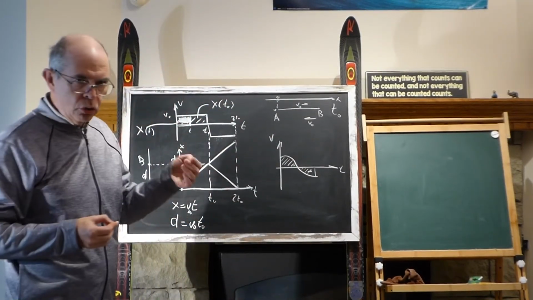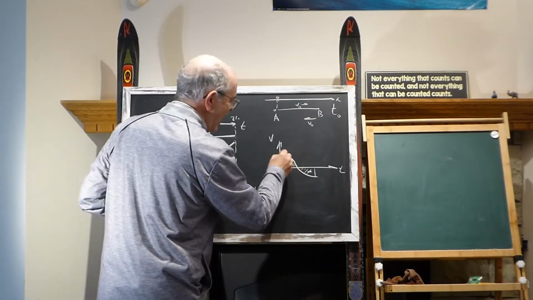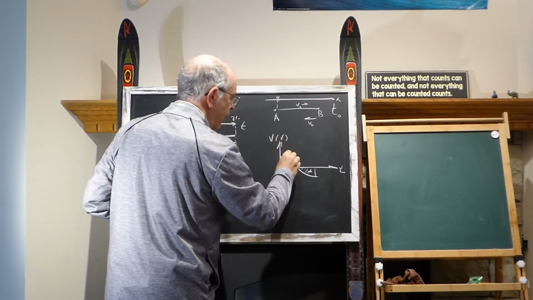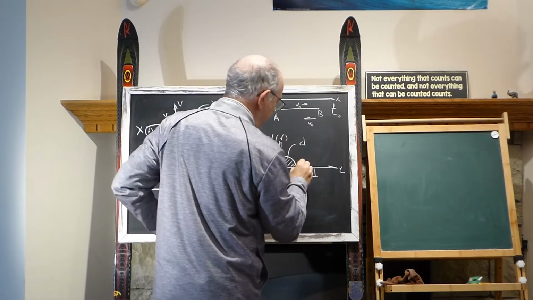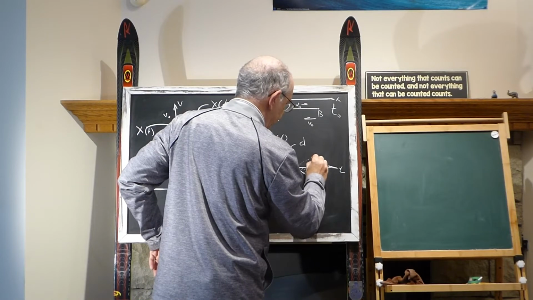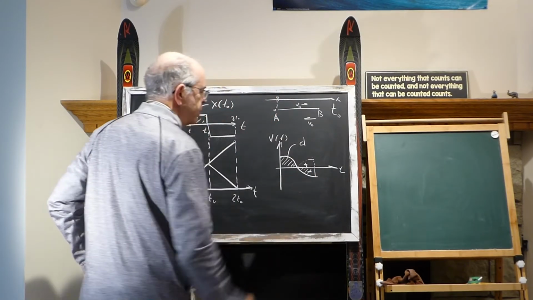If we still want to use this idea that the area under the graph of v from t is equal to distance, we have to put an absolute value. We have to negate the sign so it becomes positive again.